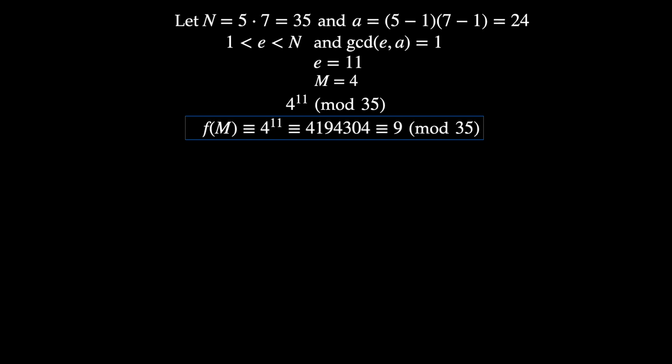What this means is that he found some number d such that d times e is congruent to 1 mod a. In this case, it would be d times 11 is congruent to 1 mod 24, and we get d is equal to 11. So in this case, the private key is equal to the public key.